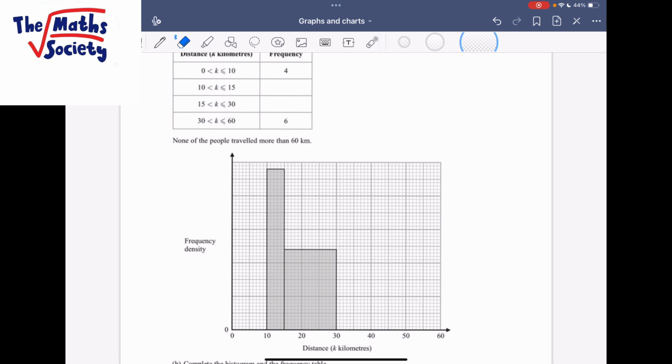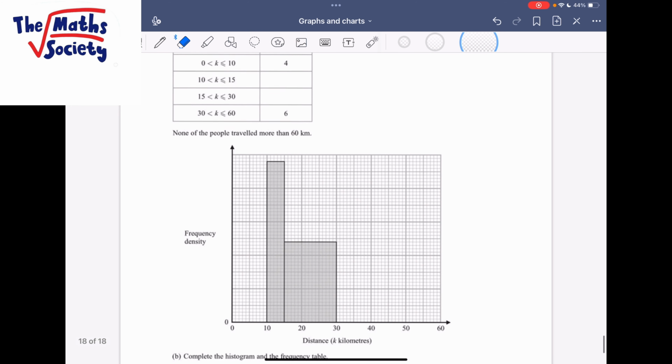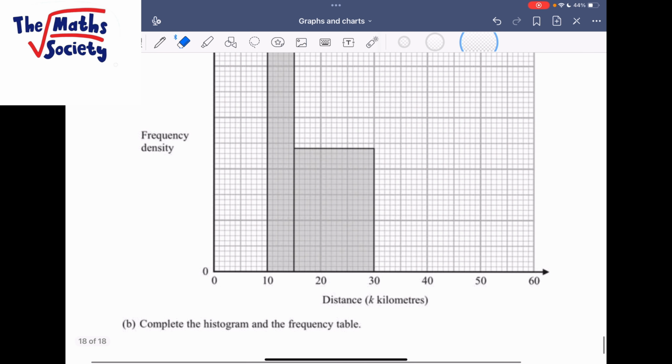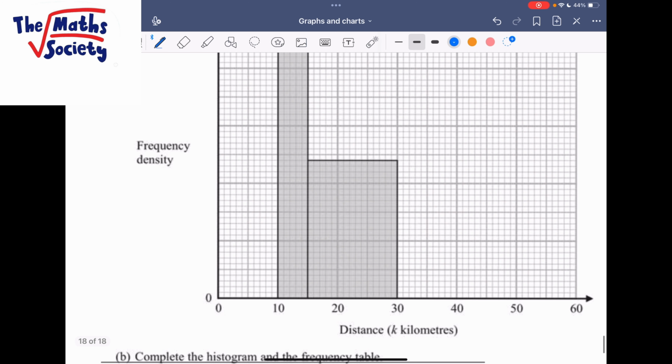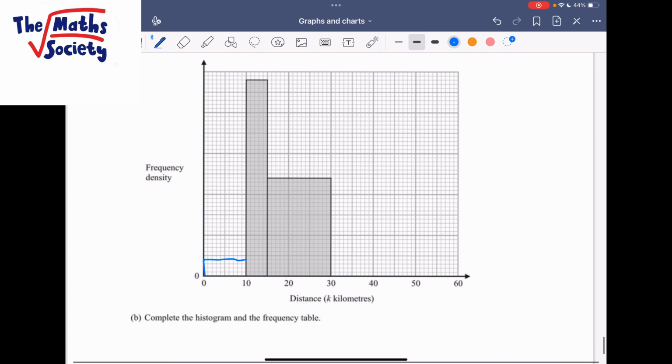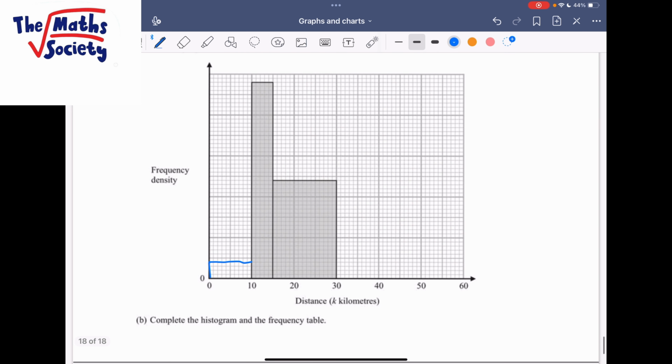We know that frequency density is equal to frequency divided by class width. So we can try to draw that. First of all, we get frequency of 4 divided by 10, so that's going to end up at 0.4, right? So we're going to find 0.4, which is just going to be right here. And it's going to give you a 0.4 for the first 10 kilometers.